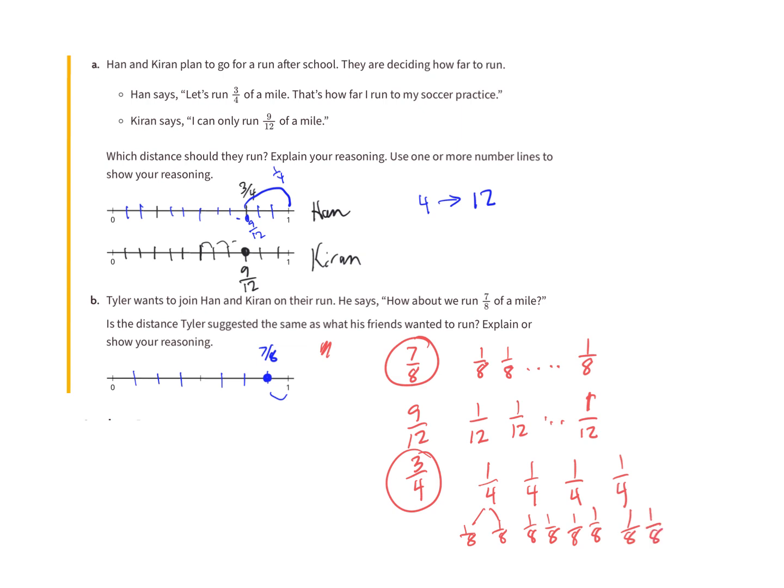Okay, so now I can see that the 3/4 is 6/8. So if I know that that is now 6/8, I can also argue that that is less than 7/8.